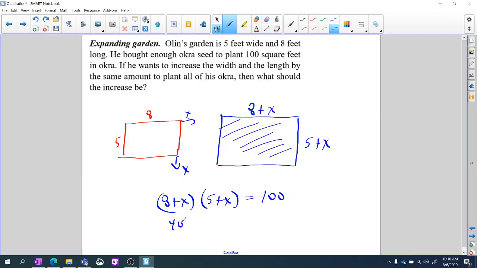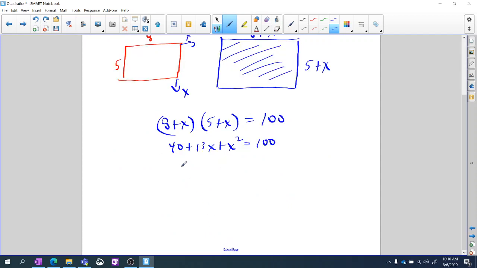This gives me 40 plus 8x plus 5x, that's plus 13x plus x squared is 100. Let's get it in a manageable form. X squared plus 13x minus 60 equals 0. Negative 60 and 13.